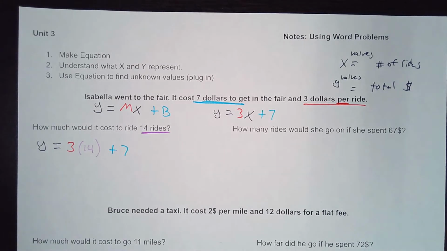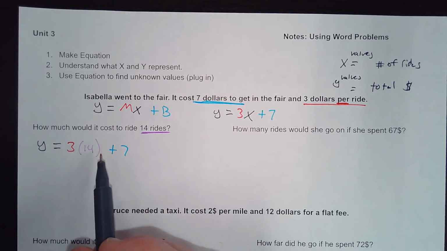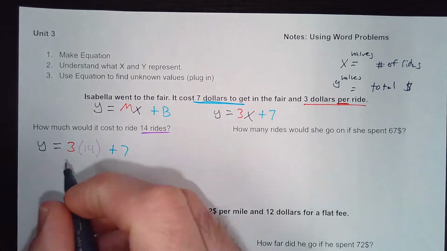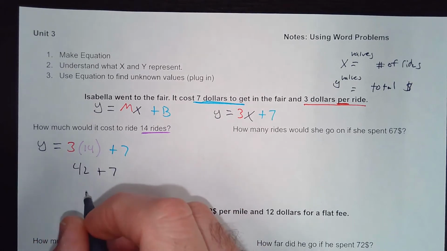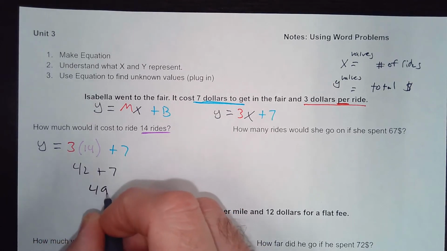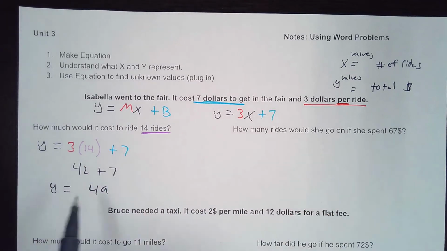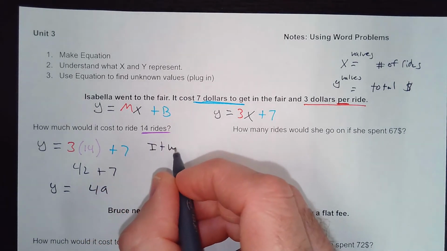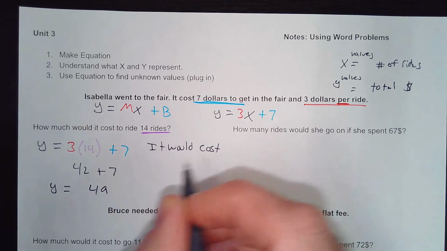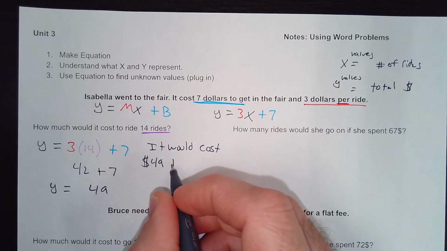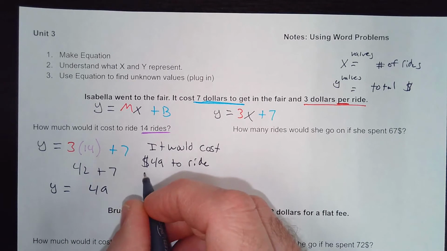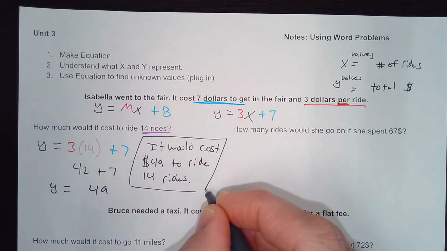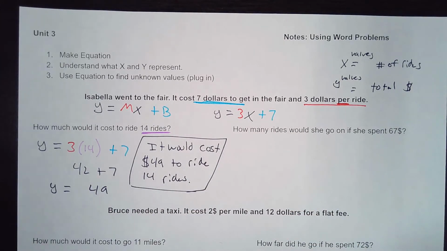So 3 times 14, let's see, we get 42 plus 7. So 42 plus 7 is 49. Y equals 49. Well, what does y equal? Y equals the total cost. So it would cost $49 to ride 14 rides in that situation.